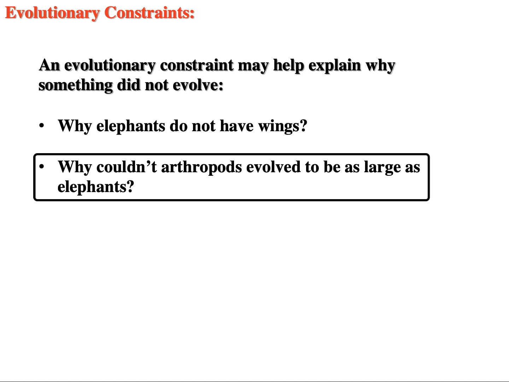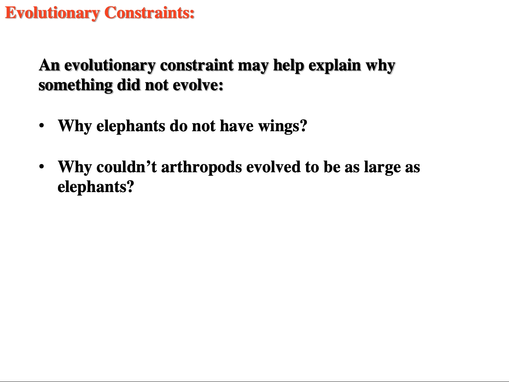Why was that not possible? So there are many constraints on evolutionary pathways in different types of organisms. Another way to put this is that while there are many different evolutionary pathways available, the number of pathways is not unlimited. Not everything can happen.